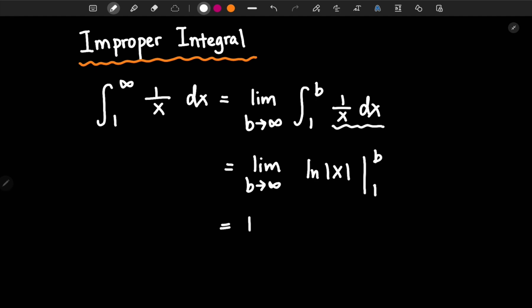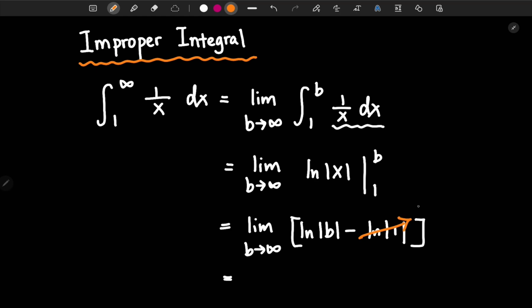So what we would get is plugging in, ln of b minus ln of 1. And we want to evaluate that value as b goes to infinity, where we know ln of 1 is just 0, so we can remove this part.